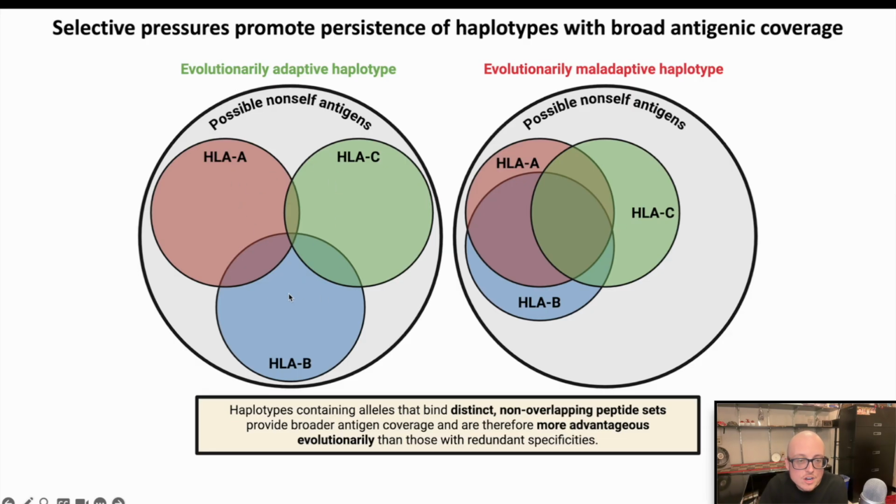The more different they are, the more of that antigenic space will be covered, meaning that this individual will be able to present a greater diversity, a greater coverage of that antigenic space, and that will be adaptive. They will be able to present more antigens and therefore be protected from more potential types of infection.